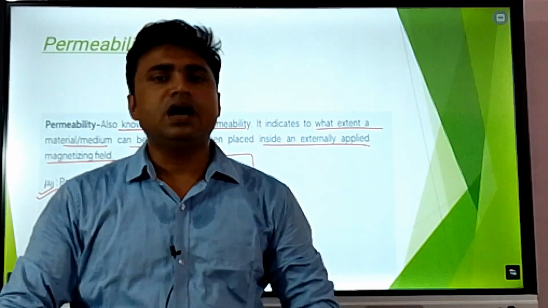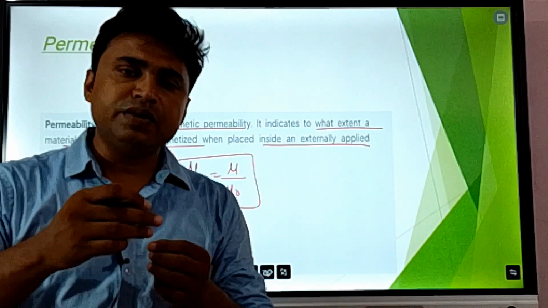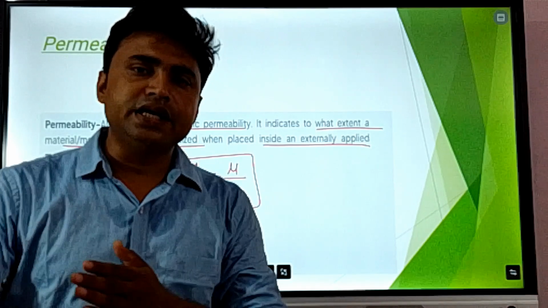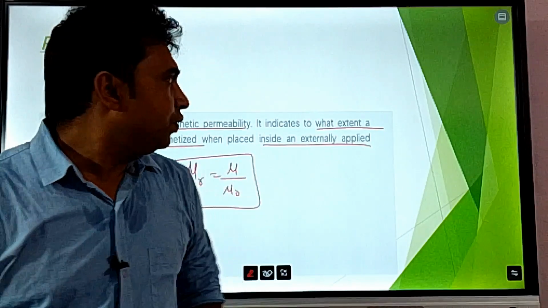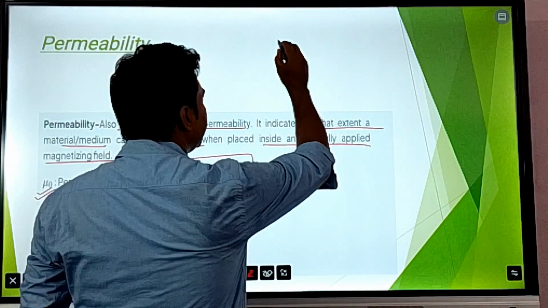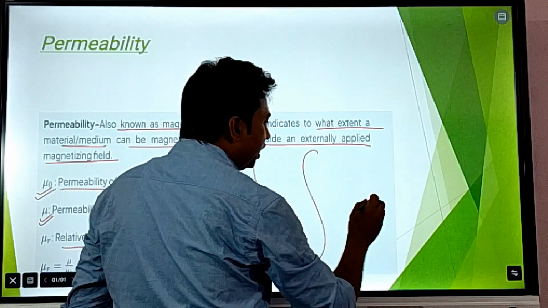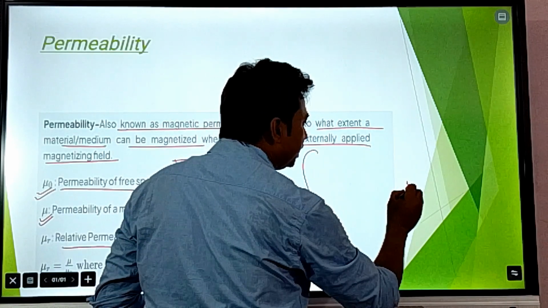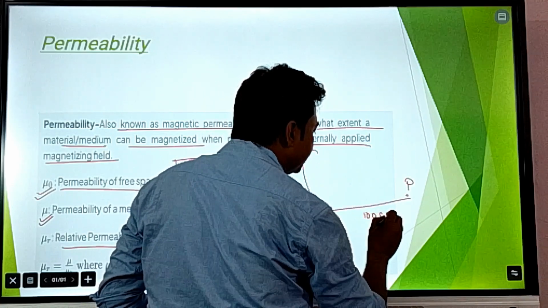I have told you that the length can be considered larger in size or smaller in size, because it is a relative term. Suppose we have a wire AB, and I am interested in finding the magnetic field at point P, which is at a distance of 100 centimeters.